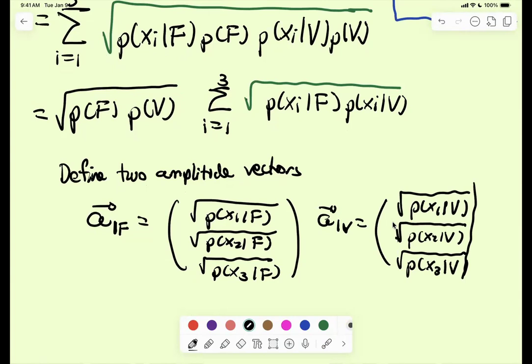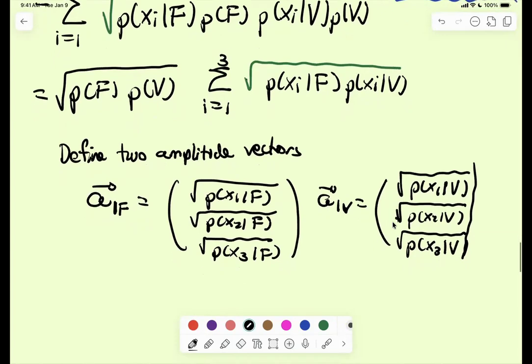If you did the dot product between these amplitude vectors, that is literally what this corresponds to. And they have length one, so each is a unit vector.